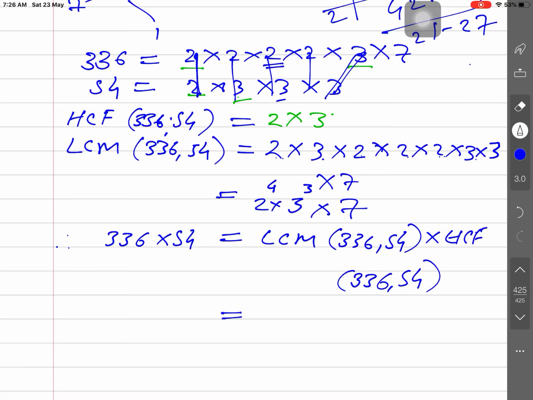So what is their multiplication? 2 into 3 is the HCF, and the LCM is 2 raised to the power 4, 3 raised to the power 3, and 7 also. This is the multiplication of both.